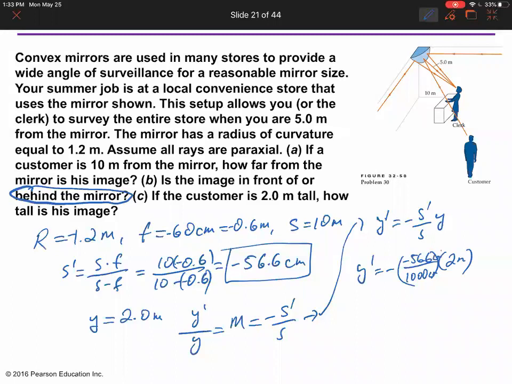The units cancel out, and y prime will be 0.11 meters, or 11 centimeters. That's the image height, for the image position behind the mirror.